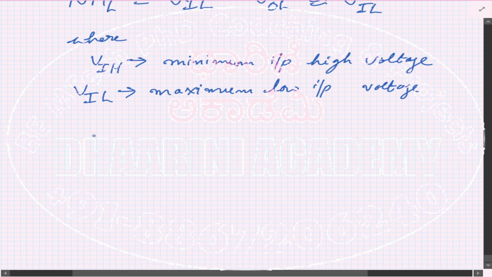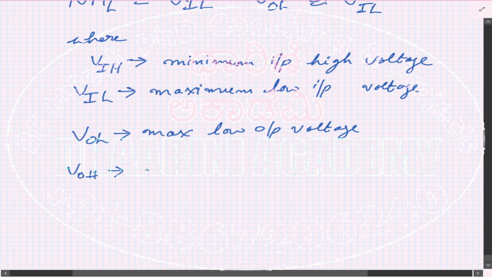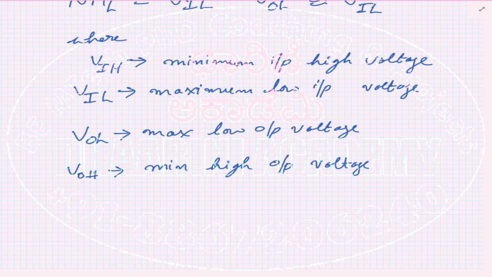Similarly, you have VOH and VOL. VOL is the maximum low output voltage. Then VOH is the minimum high output voltage. Okay, so these are the terms.